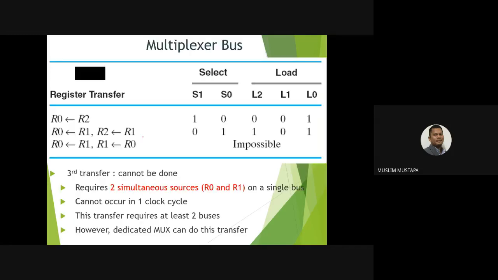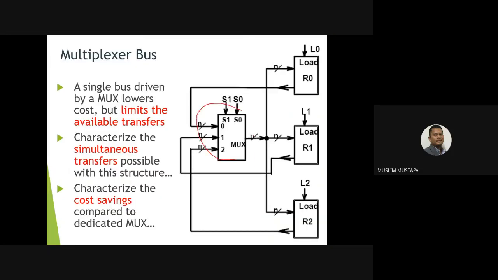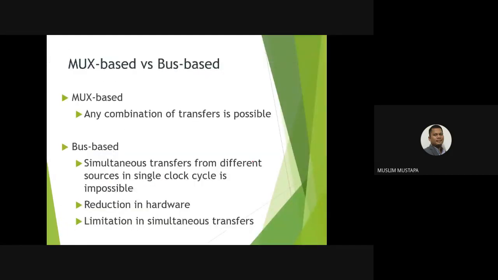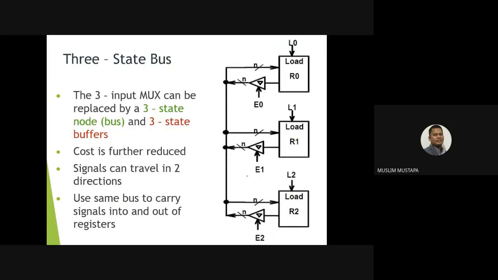One is by using the mux, so one mux connecting all registers. The other one is we can also remove the mux. We remove the mux here, but then all the registers will be connected to each other.